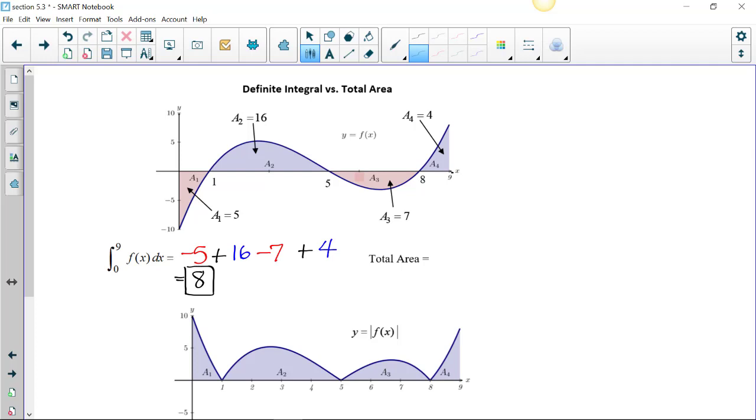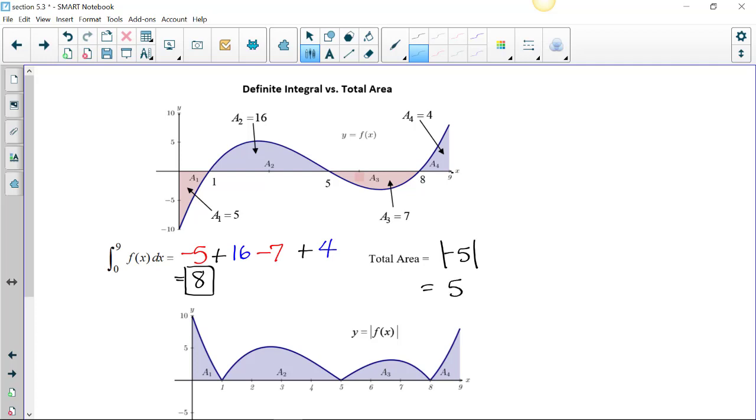The total area is basically just adding up those areas without thinking about them being positive or negative. For example, my first area, A sub 1, we could say that's a negative area. If we consider it negative, we take the absolute value because we ignore the idea that it's below.